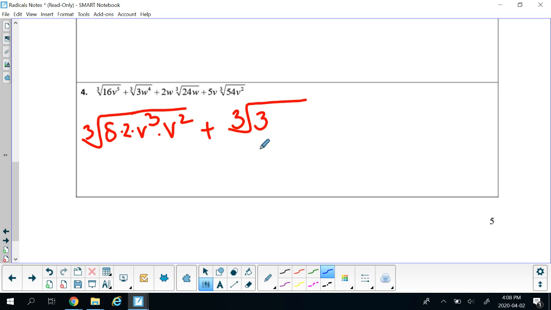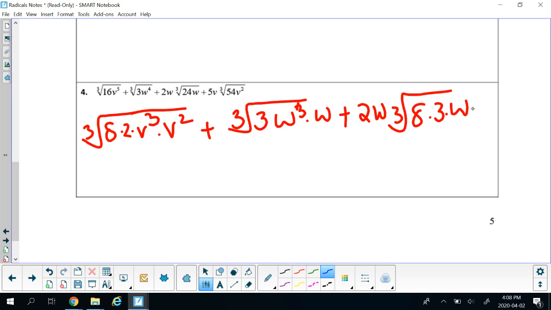So I'll write 3 as it is. And w to the power 4 can be written as w cubed into w. And 24 can be written as 8 times 3. And 54 can be written as 27 times 2. Again, 27 is a perfect cube, and v squared with it.